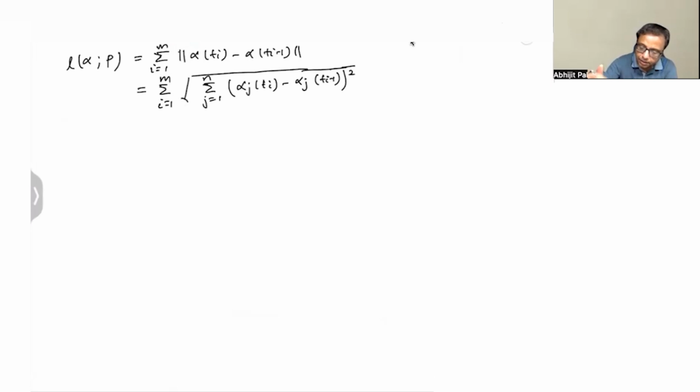So we have this thing, and this alpha j is a real valued continuous function and it is also differentiable.